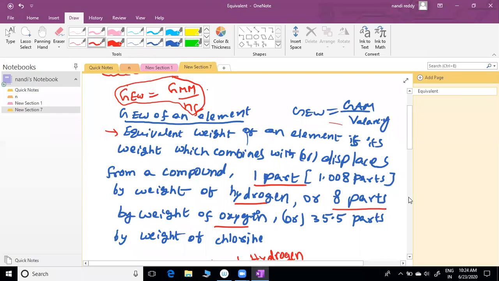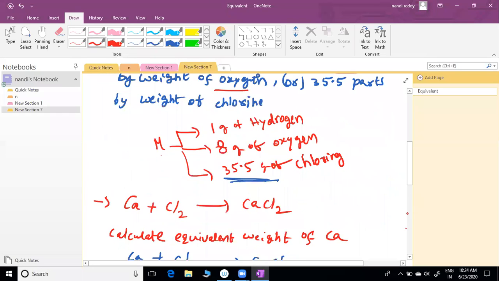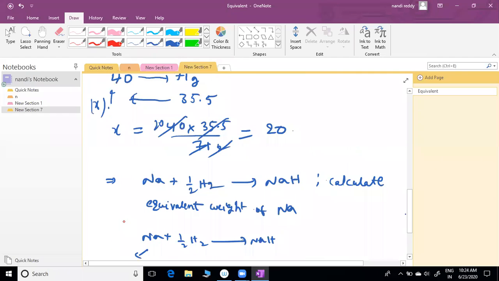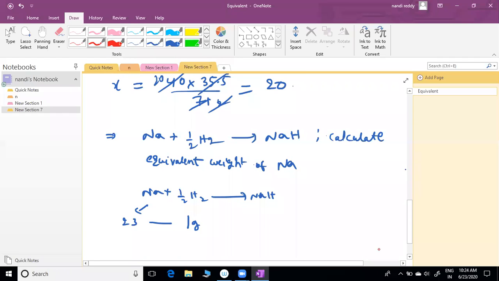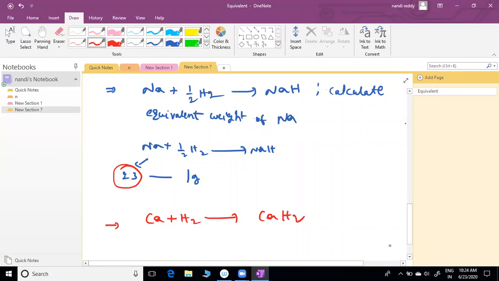So 23 grams only is the equivalent weight. Can you try here? Calcium plus H2 gives CaH2. What is the equivalent weight of calcium here? Please, can you do it?